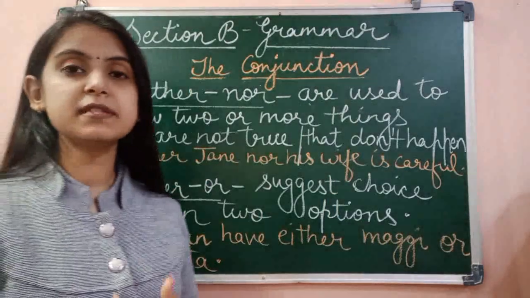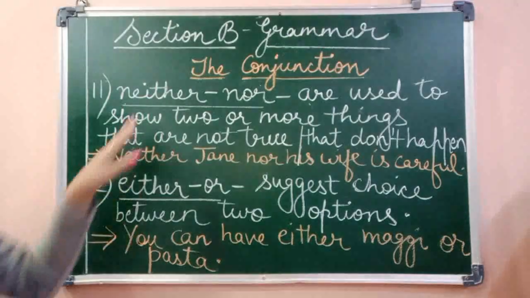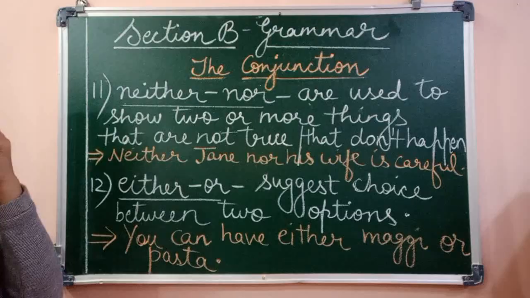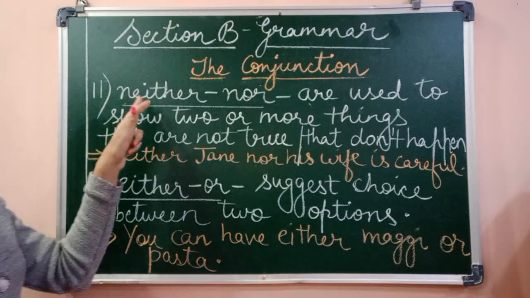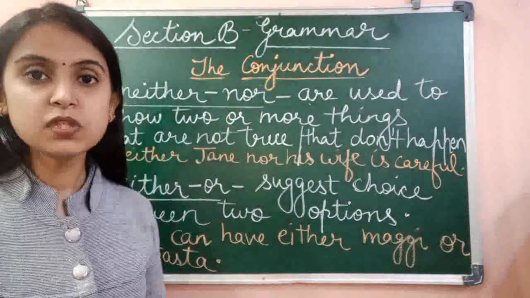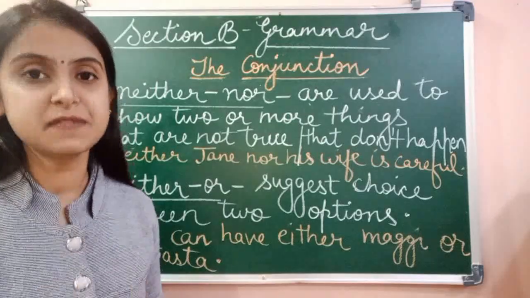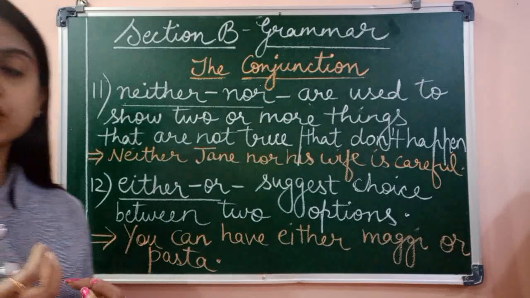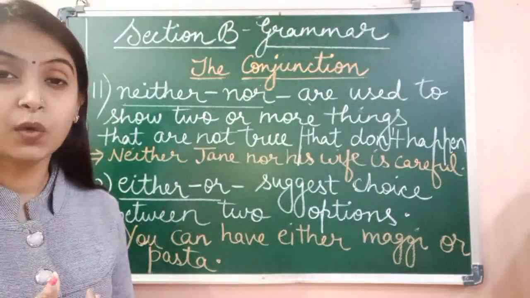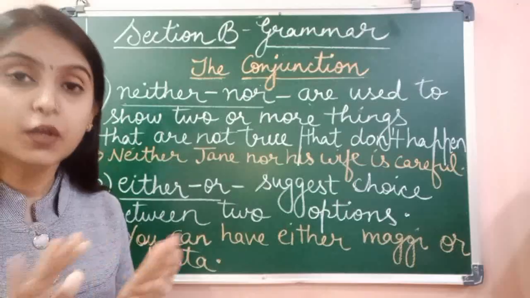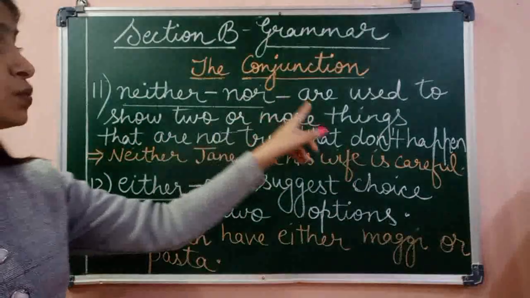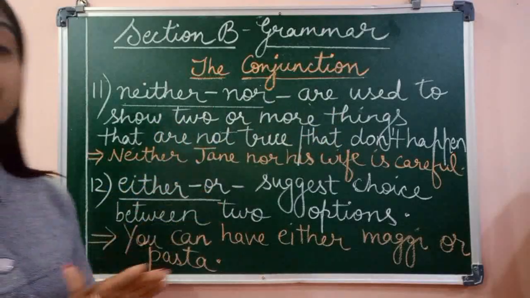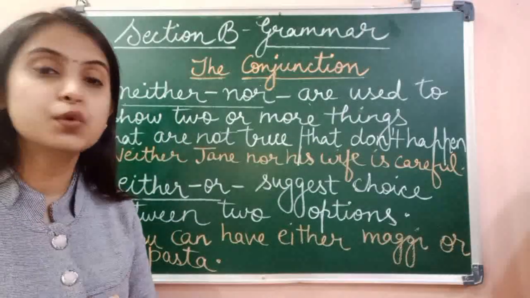Last two conjunctions that we are going to study are neither nor and either or. Okay, let us understand them in detail. Children, neither nor is used to talk about negative sentences, okay, or when we are trying to show the denial words, the words that show a no, okay. These words are used to show two or more things that are not true or that do not happen.